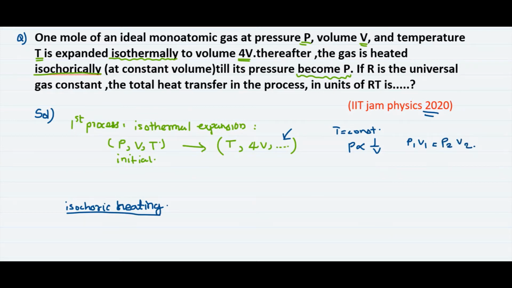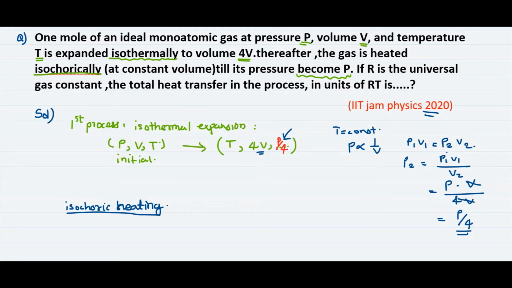So we need P2 here, so P2 will be equal to P1 V1 by V2. Here P1 is P and V1 is V and V2 is given as 4V. So put that here. Then this V and this V will get cancelled. Then we get P by 4. So write the pressure is P by 4.